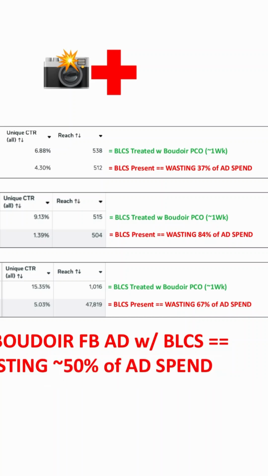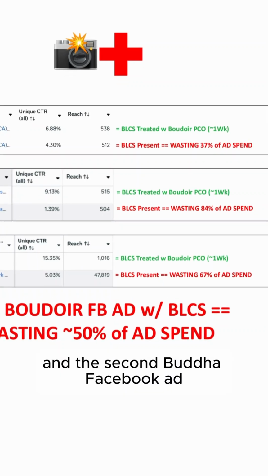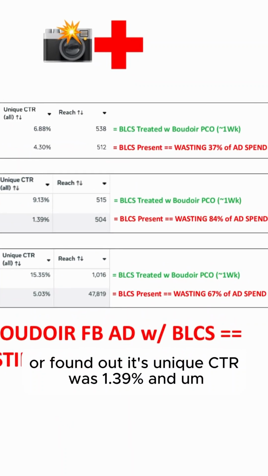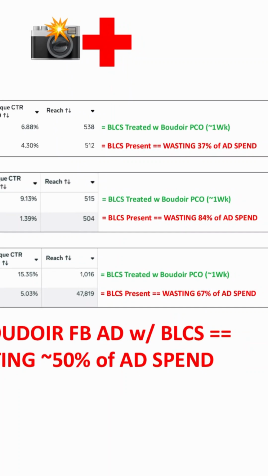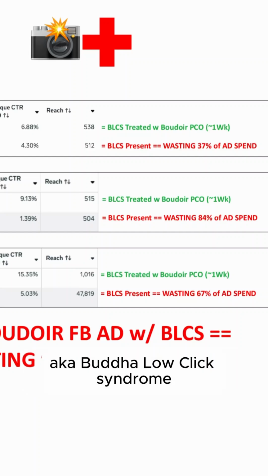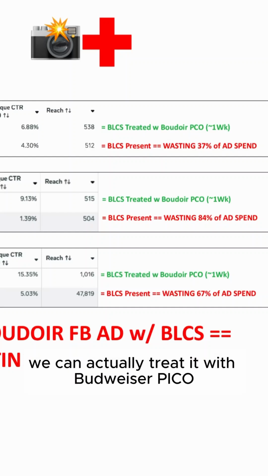And next part of my residency, the second Boudoir Facebook ad, found out its unique CTR was 1.39%, and since it's under 6%, we know that BLCS is present, aka Boudoir low click syndrome, and as a result, we can actually treat it with Boudoir Pico.